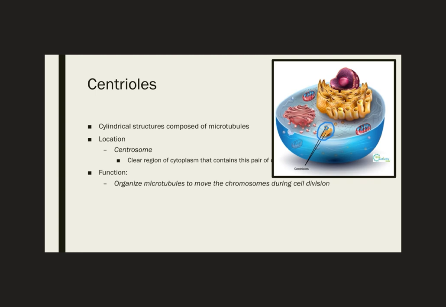Also notice how they are arranged at right angles to each other, and this disposition is important to move the chromosomes in opposite directions within the cell during cell division.